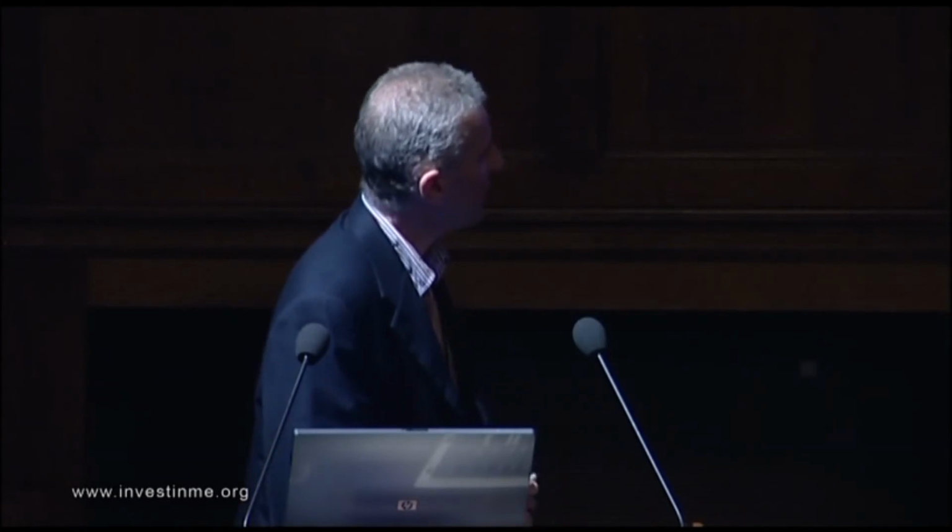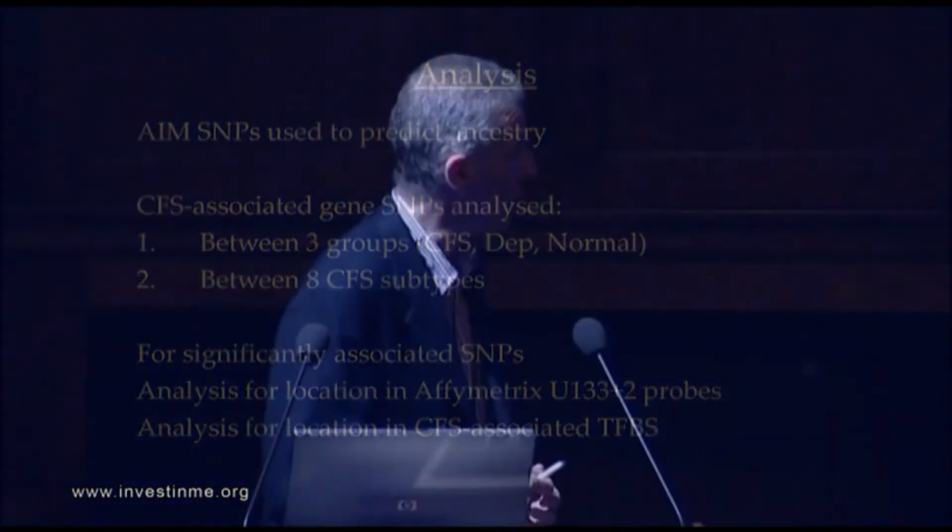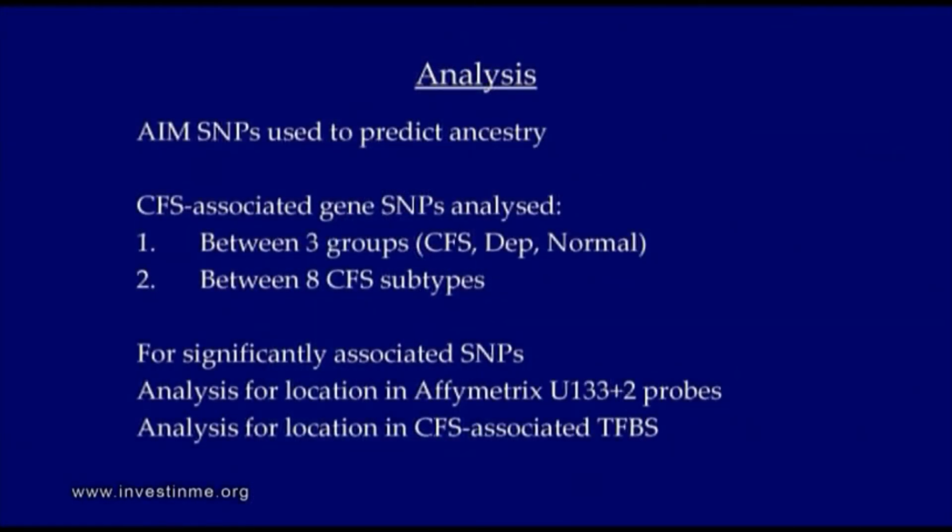For any significantly associated SNPs that we found, we would then analyse their location with respect to the probes of the Affymetrix microarray that we used to identify the gene expression abnormalities in the first place, and then analyse these SNPs for a possible location within the CFS-associated transcription factor binding sites that we also identified in this microarray study.